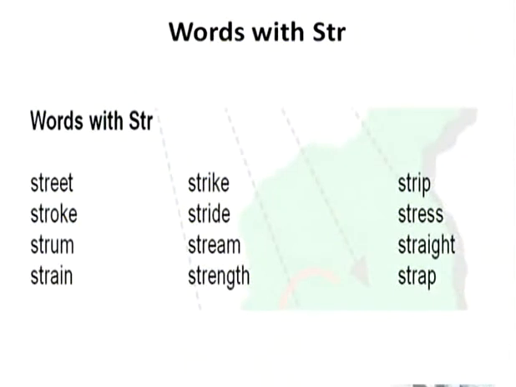Strike, and not strike, but strike. Stride. Remember also the vowel sound I, so stride. Not stride, but stride. Do you hear the difference? That's very important for you to listen and hear the difference, because only then do you keep correcting yourself and know how close you are to the target sound.